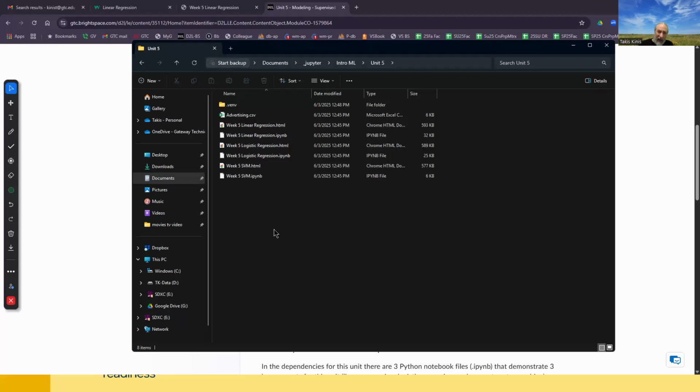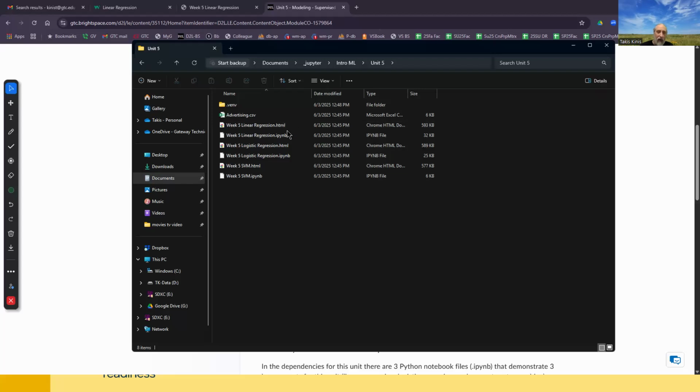And right now we're going to look at the files that are marked linear regression, and there's two of them. One is a Python notebook file. That's the file that you will use if you want to try to earn the extra credit, right? Which is to open up the Python programs and run them and get them to work. It's not really difficult to do because they're already pre-built, but I know some of you are still struggling with that stuff, so it's a chance to practice with it some more and play with it.